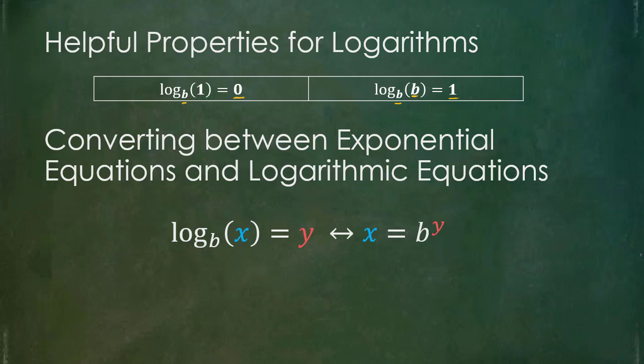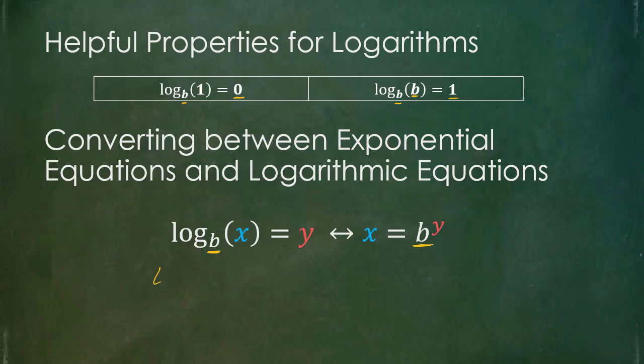Now, another thing that we're going to do quite a bit of is the ability to convert back and forth between exponential form and logarithmic form without having to show all of the algebraic steps as to how that happens. What's nice is in both of these scenarios the base is called a base.